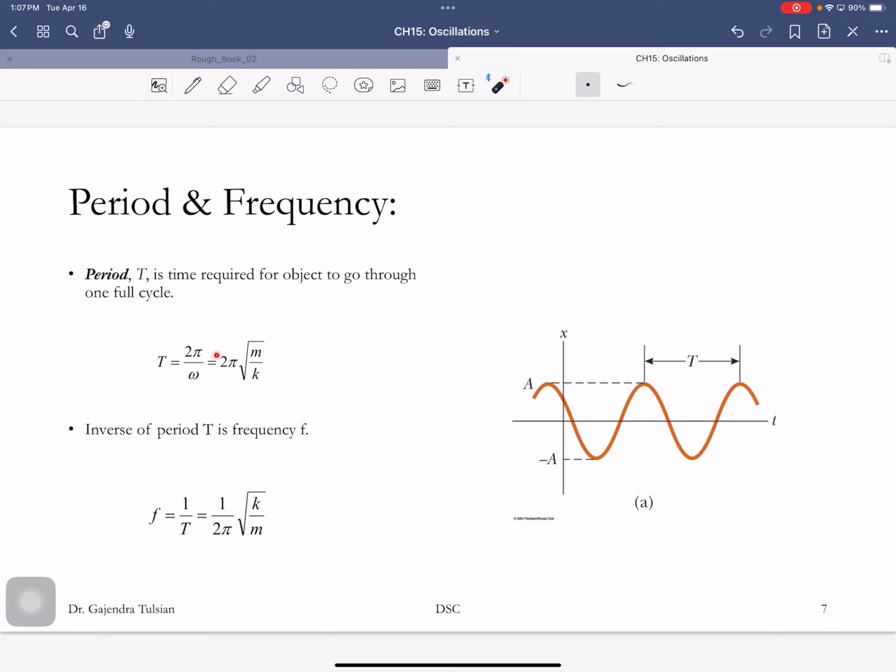All right. There's something neat about this formula. Does anybody see that? Angular frequency is the square root of k over m. Right. So here's what I'm getting at.